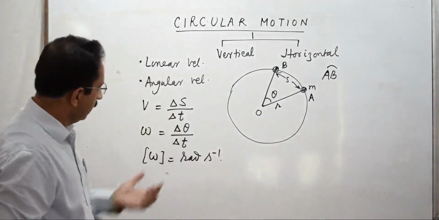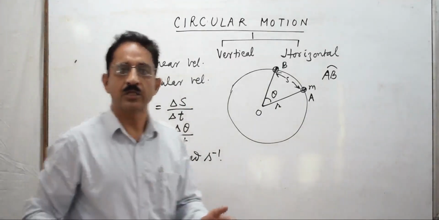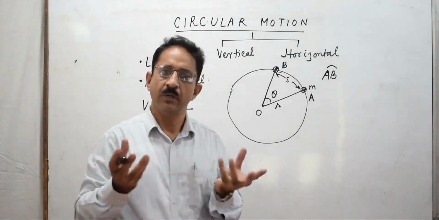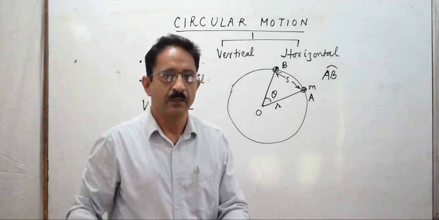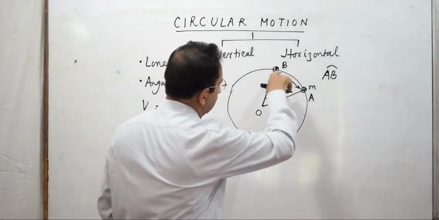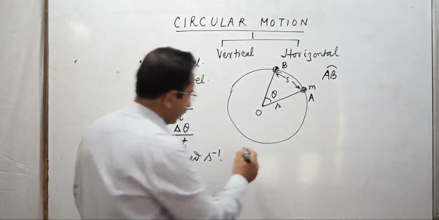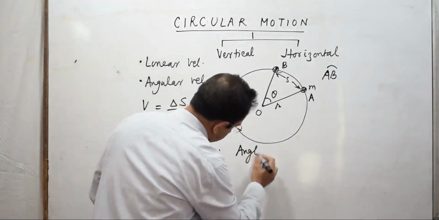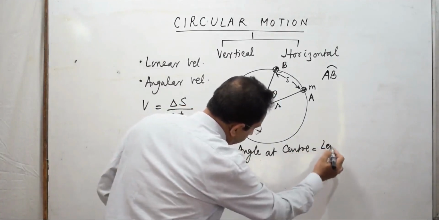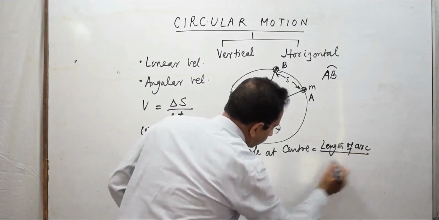And this way, when we think of the two, we can think of a relation between the two. Now to develop a relation between the two, we have a very simple formula. Trigonometry says that if we take an angle at the center subtended by an arc, that means the center of a circle, then we say angle at center is equal to length of arc divided by radius.